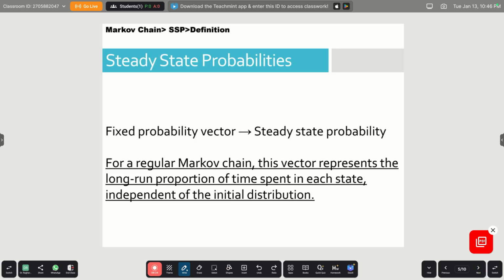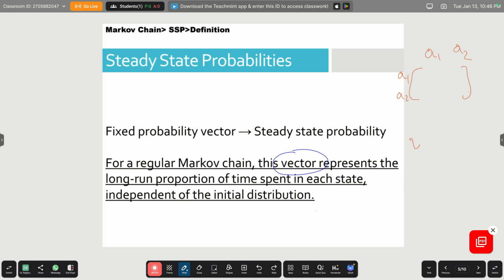Now let's understand how this helps me in finding the steady state probabilities. For a regular Markov chain, this fixed probability vector represents the long run proportion of time spent in each state, independent of the initial distribution. Suppose I have a transition matrix of a Markov chain with two states, A1 and A2.